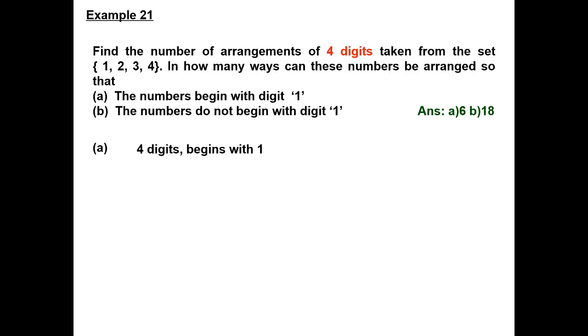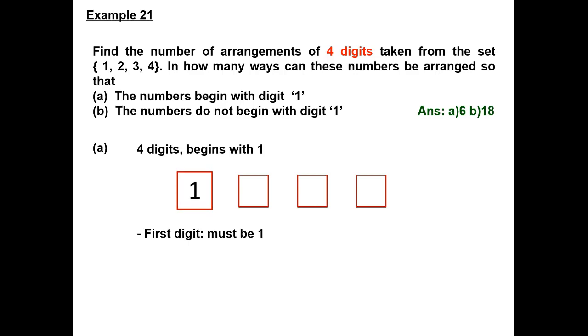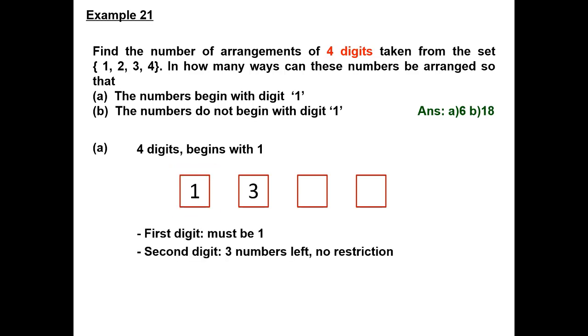Solution for A. We want to build the 4 digits number that begins with number 1. So, we take number 1 and put in front. For the second digit, we have 3 numbers left to choose from and there is no restriction.